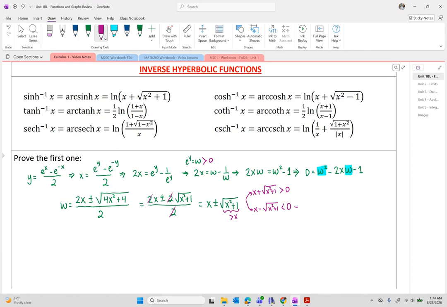So this will not work. I will have to select w to be the positive solution.